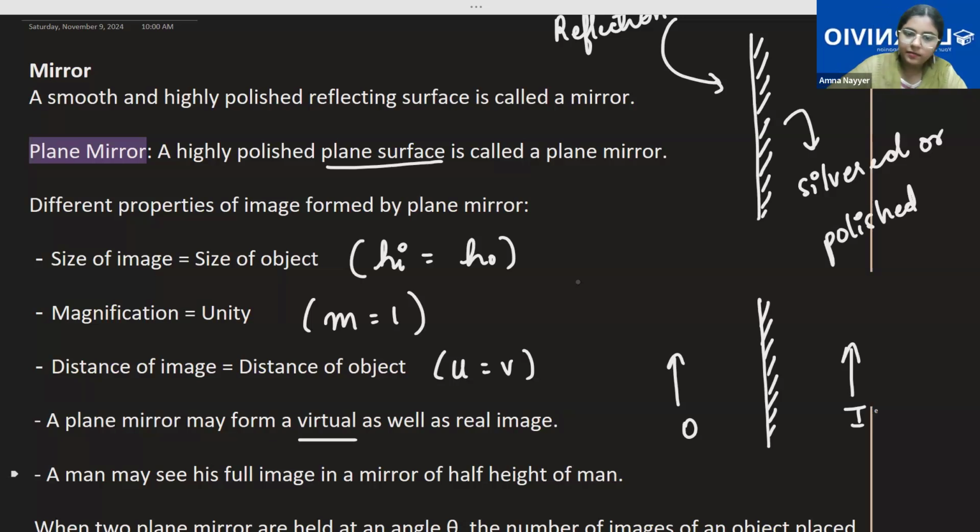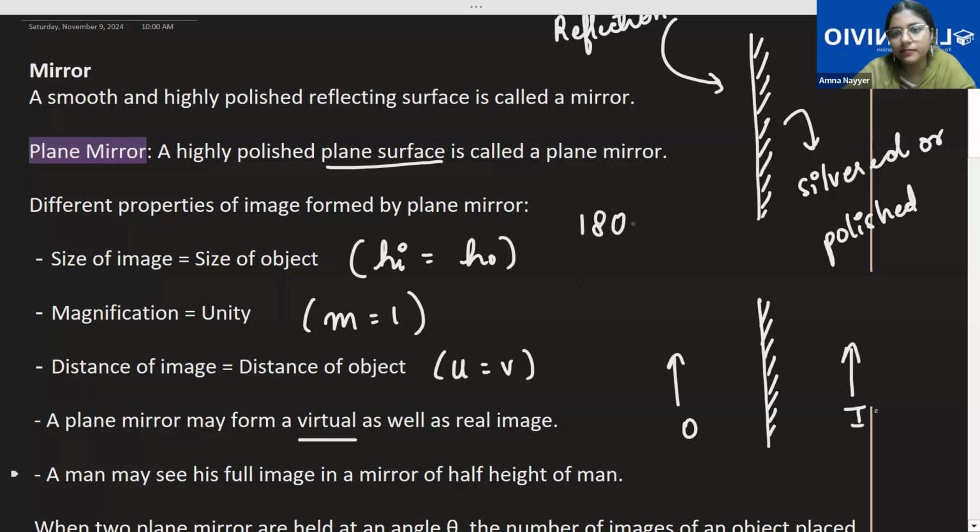Okay. Last one. A man can see... Ma'am, actually, I didn't get the last one. See, the last point basically means, let's say I have a mirror and a person is there whose height is, let's say, 180 centimeter.